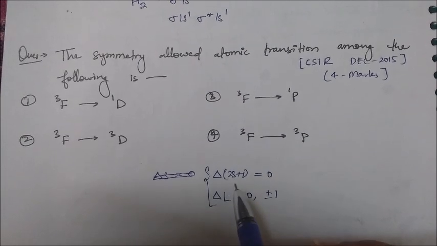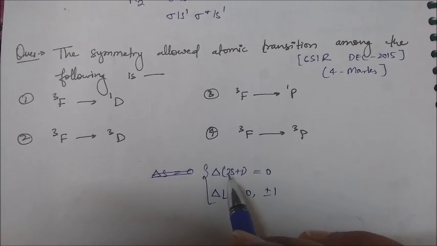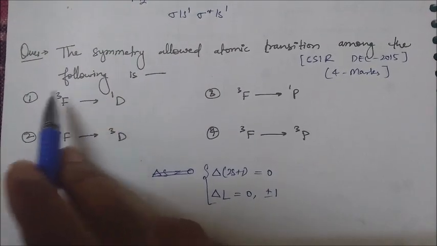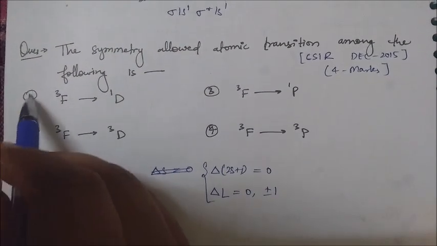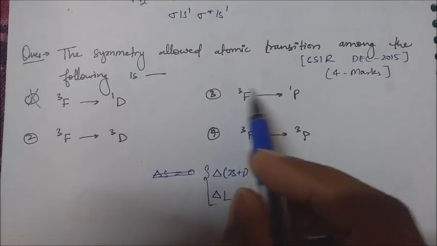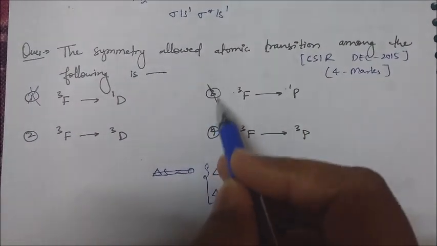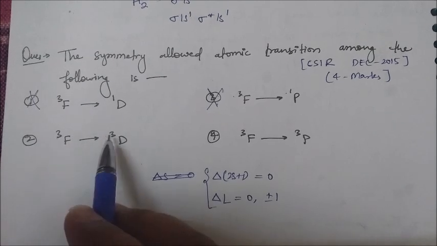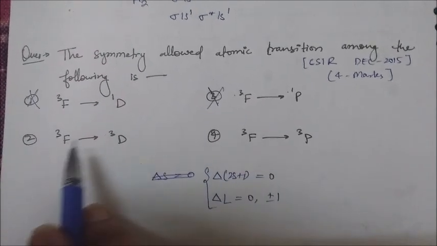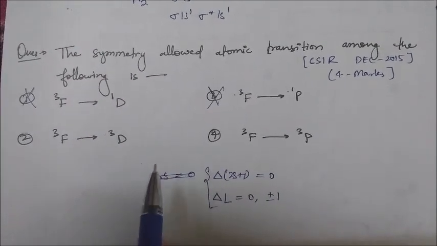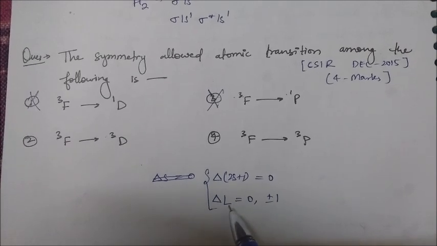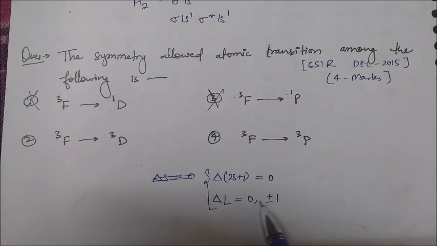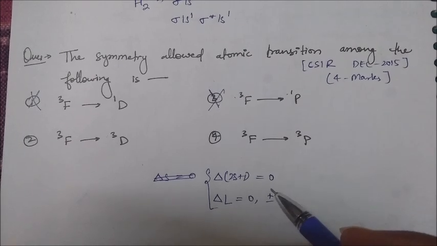Since it first says that the spin multiplicity should be the same, here the spin multiplicity is different, so this cannot be the correct answer. Here also the spin multiplicity is different, so this also cannot be the correct answer. Among these two the spin multiplicity is the same, so only among these two do we have the correct answer. Let's check the other thing, that delta L should be either 0 or plus minus 1, meaning the difference should be 0 or equal to 1.